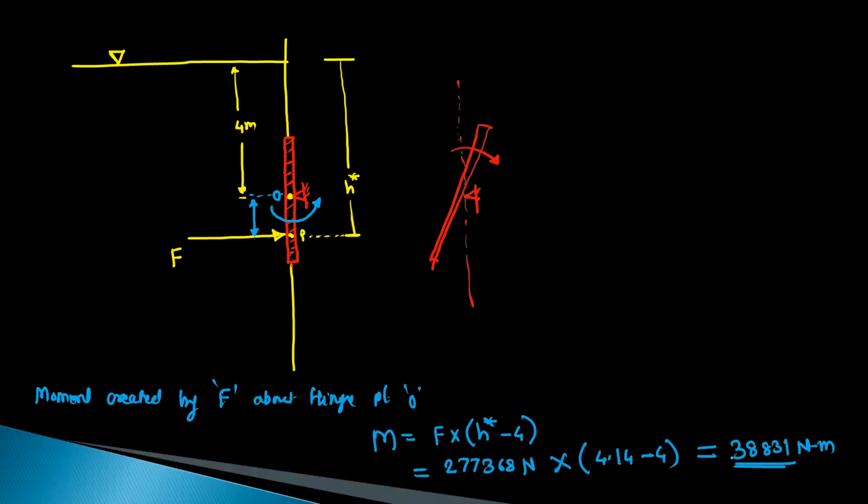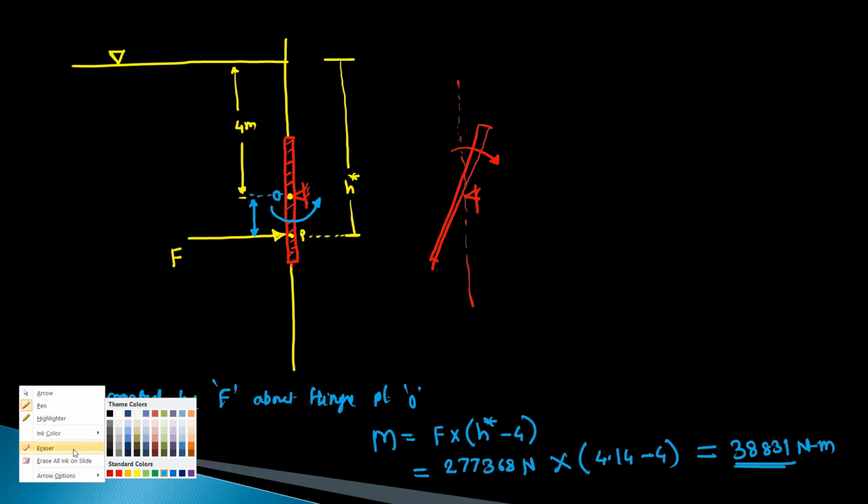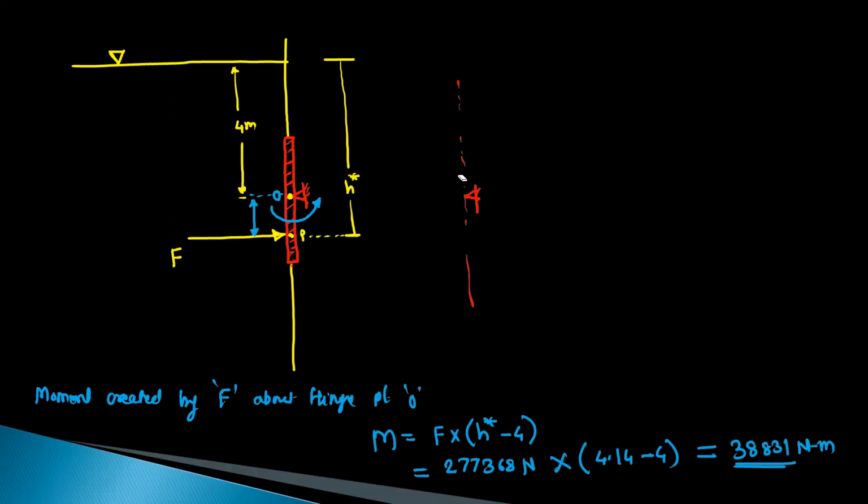So this is the external moment. Because of this moment, the disk will rotate in the anti-clockwise direction, because of this force F. Now to maintain the vertical equilibrium, that means this position, we need to provide a clockwise moment that will oppose the external moment.